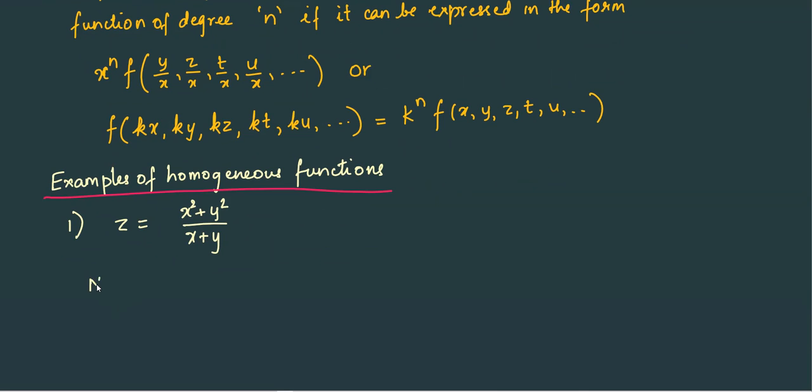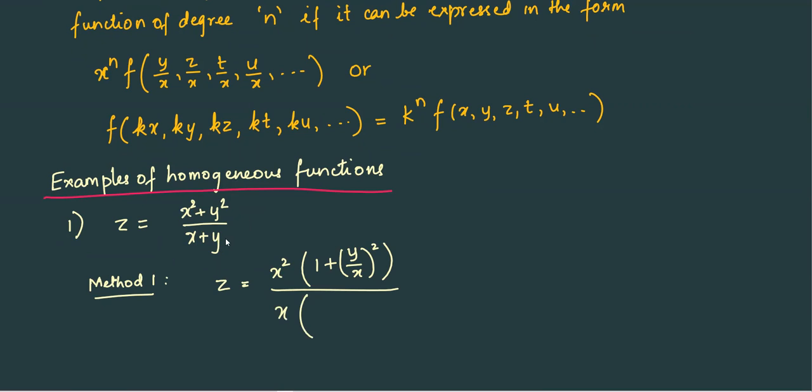Method one, I will write z as, I will take x square common from the numerator, and I'll write this as 1 plus y upon x the whole square, by, I take x common, this will be 1 plus y by x.